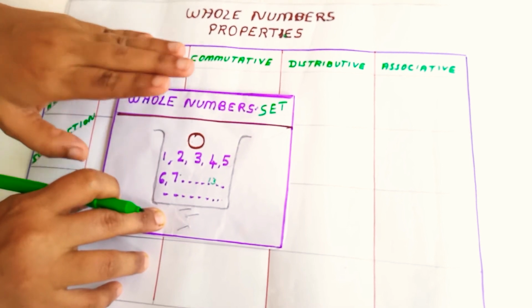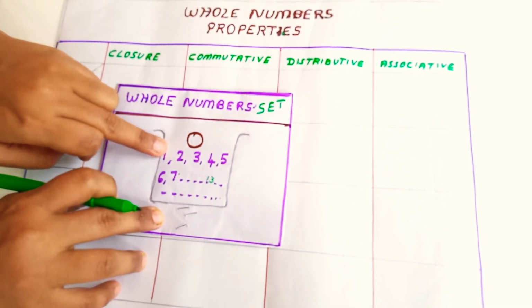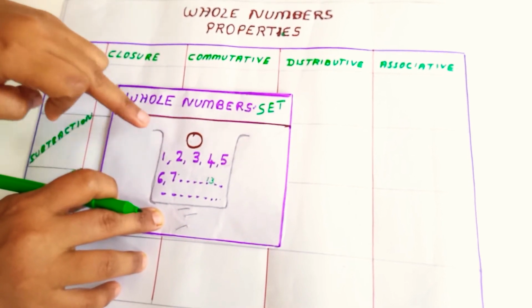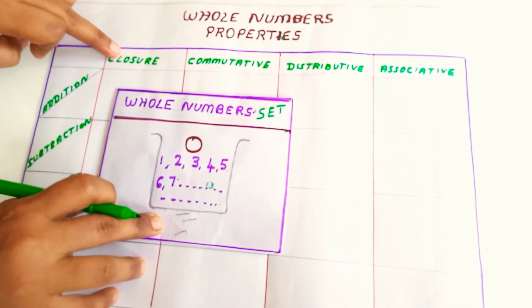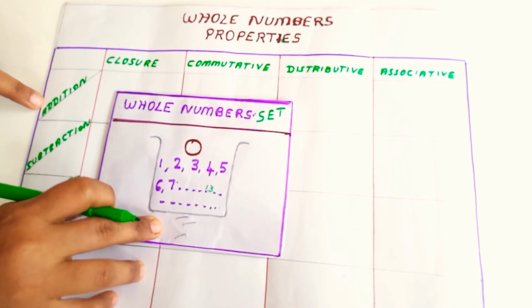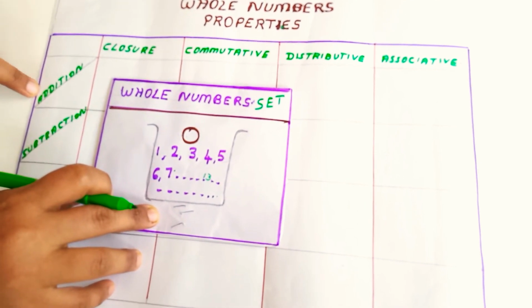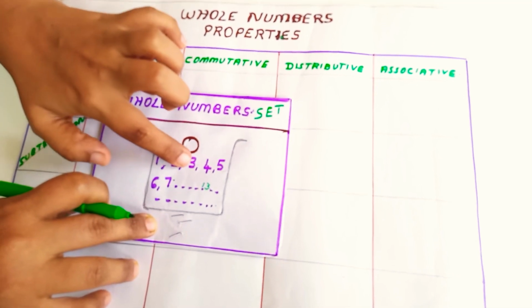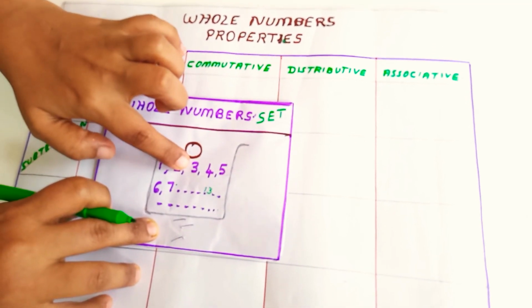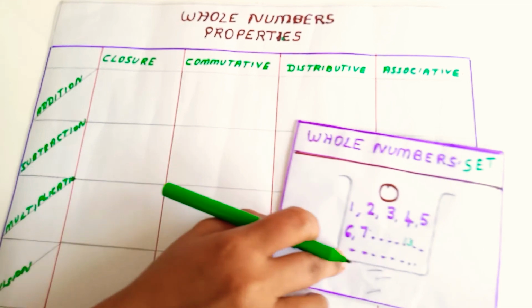If the answer is also in the same basket, we can say that the two numbers are satisfying closure property under addition. Did you understand? I will tell you once again. Just take two numbers from this basket.